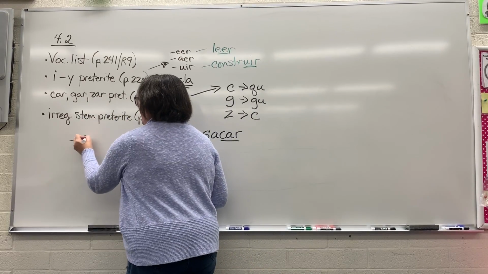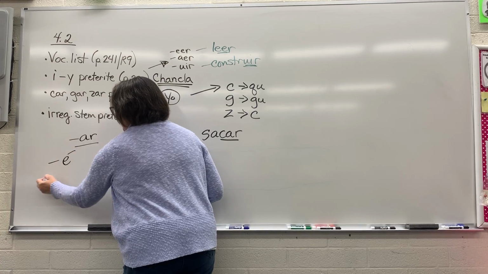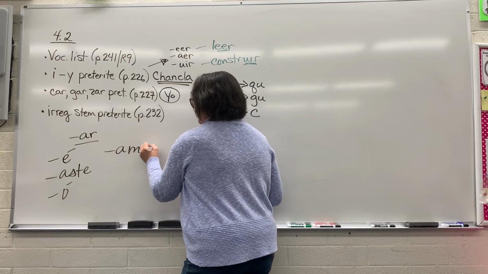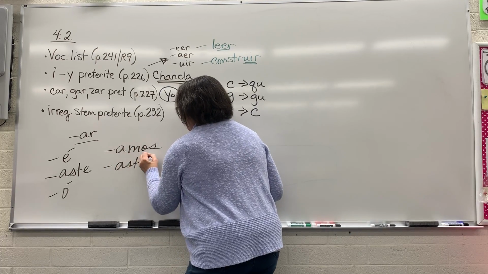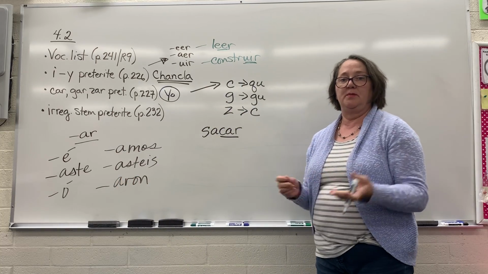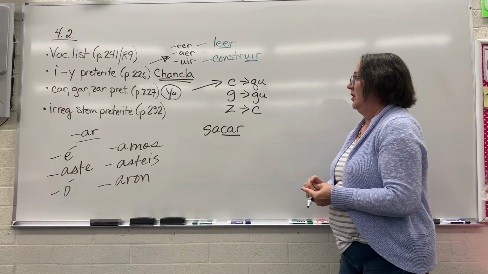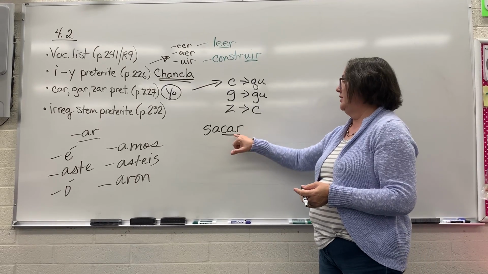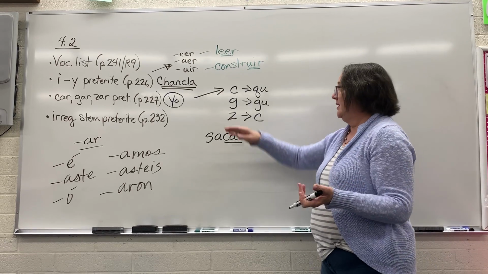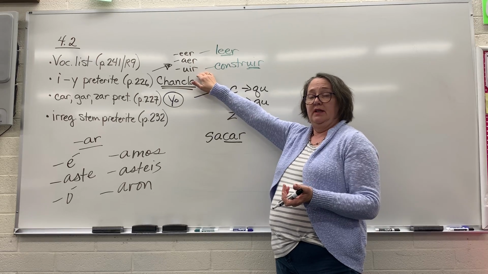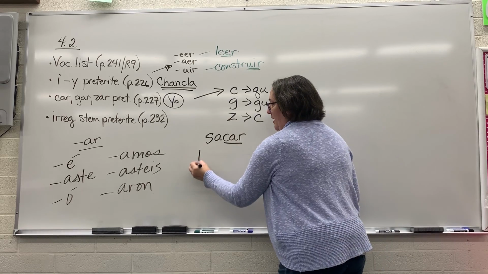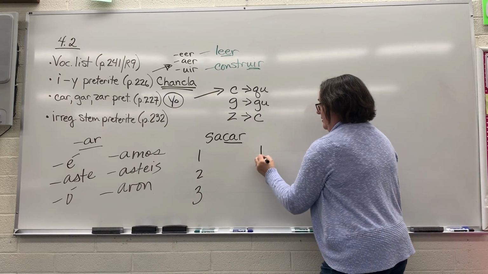So we're still using those AR endings in the preterite of é, aste, ó, amos, aron, same verbs. Now I'm putting the vosotros up there, but don't worry too much about it. We just need to be able to recognize it. Okay, so for a verb like this, I know that that C is going to become a QU. And there's a reason for this as well, just like the reason for the change in the I to Y verbs. So let me just go ahead and do sacar, and I'll explain the reason in just a second.